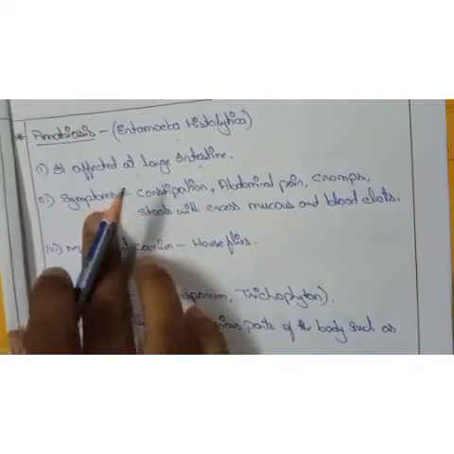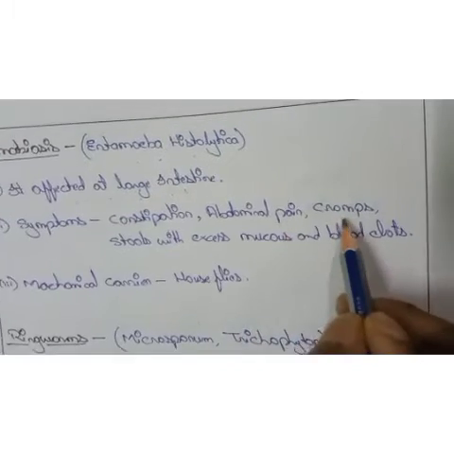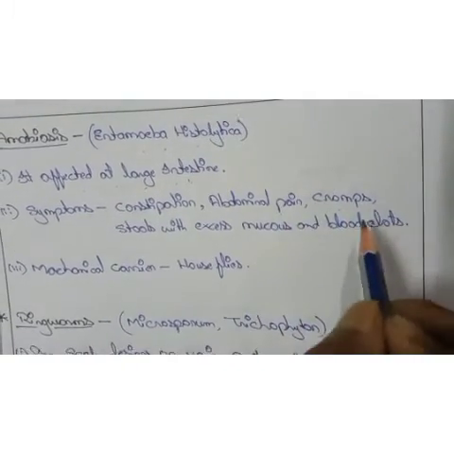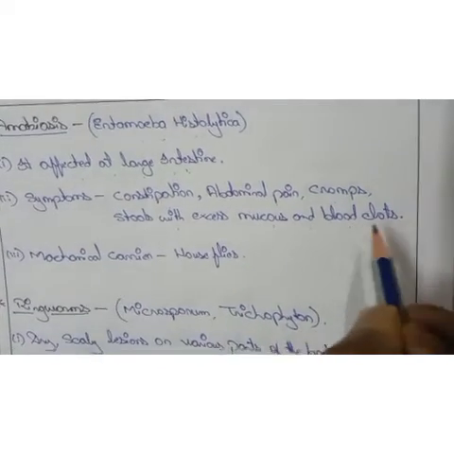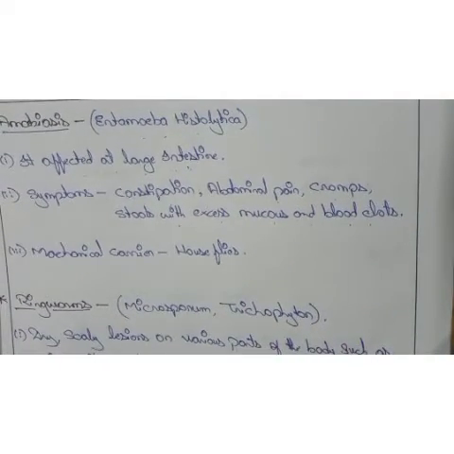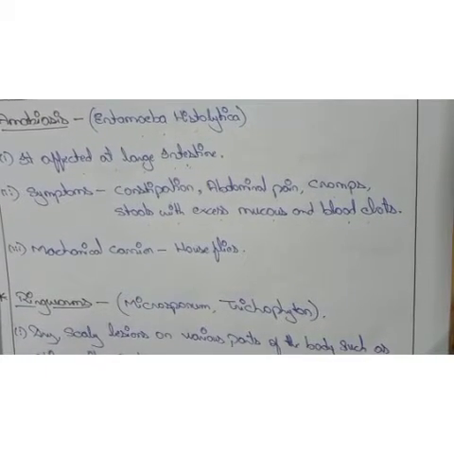Okay, the symptoms are constipation, abdominal pain, cramps, stool with excess mucus and blood clots, means with the stool there is blood flowing.